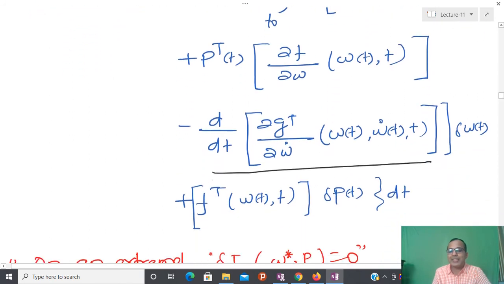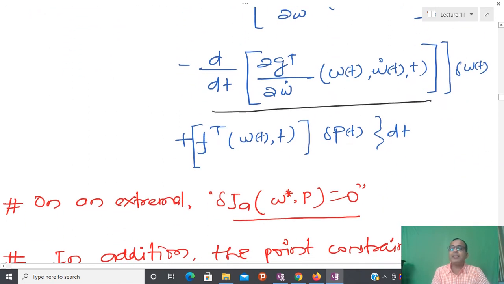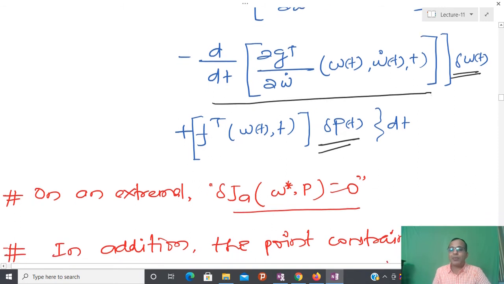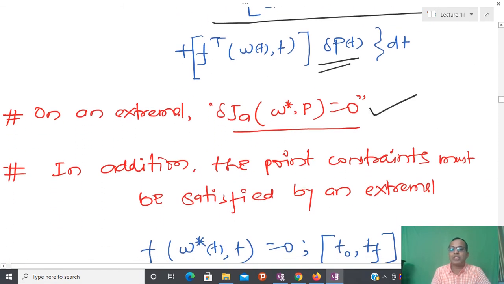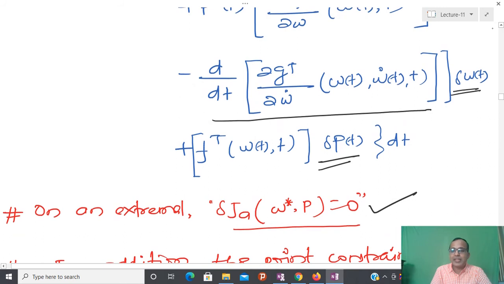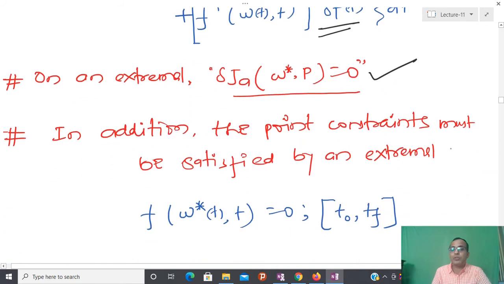Now you can see that inside this, everything is expressed in terms of the first increment of δω(t), or variation of δω(t), or variation of δp. At the extremal point I have to force this equal to 0. Whenever we have extremization, this constraint should also be satisfied.